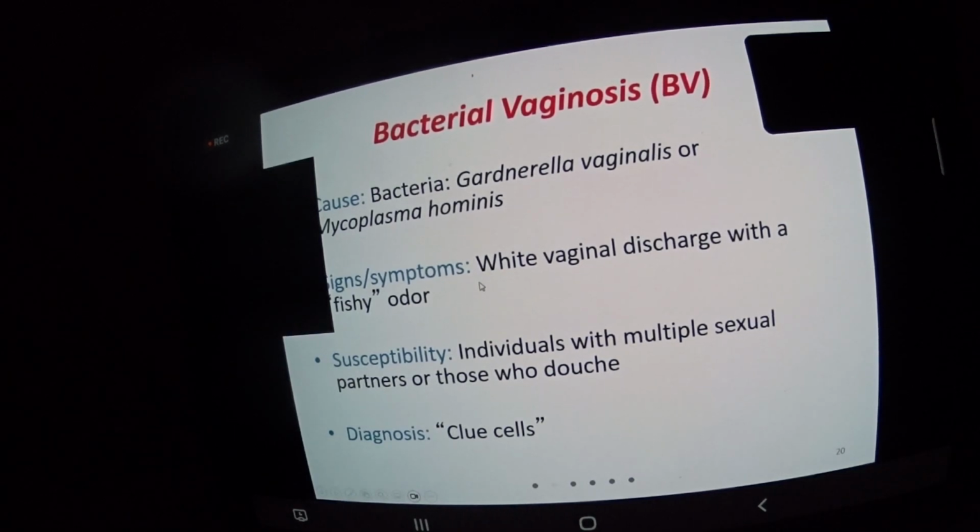Diagnosis is, first of all, symptomatic: the signs and symptoms, irritation of the site, burning of the site, itching, and then the inflammation of the vaginal tract causes the discharge. This is a very white discharge with odor, a fishy odor. So it's the bacterial odor.